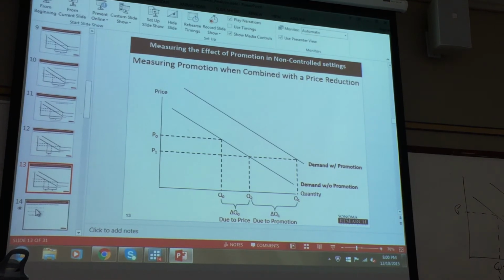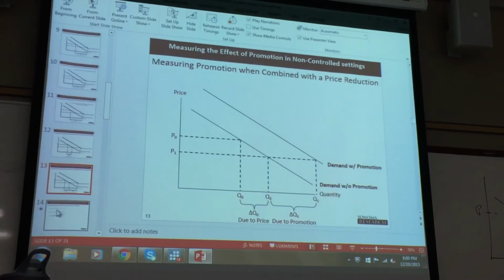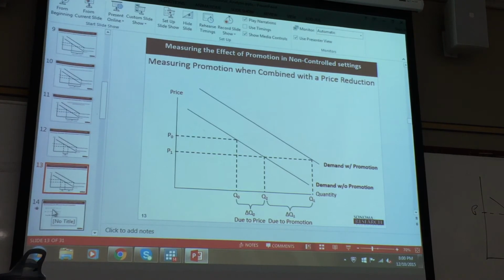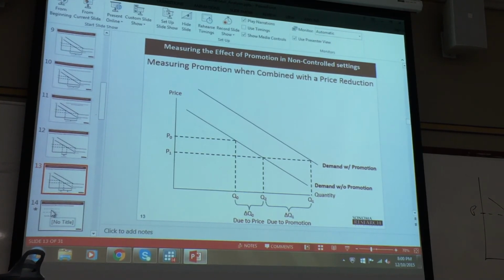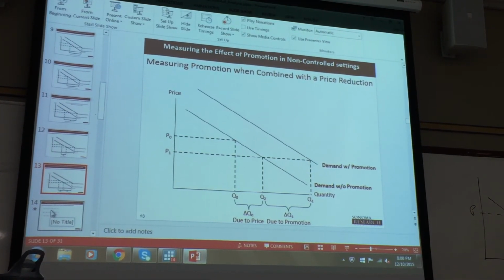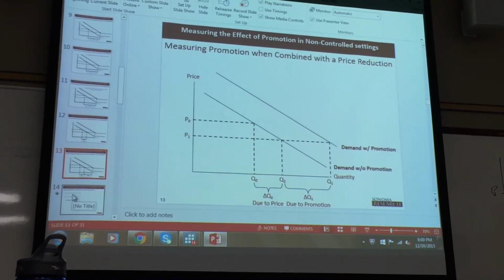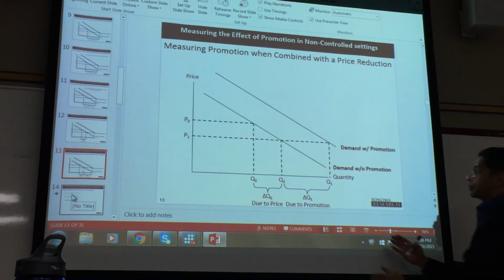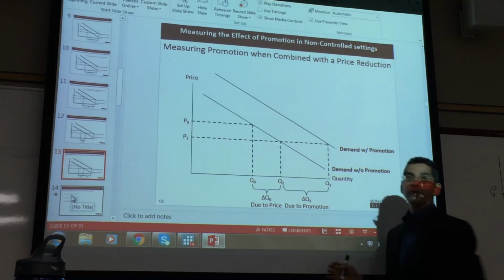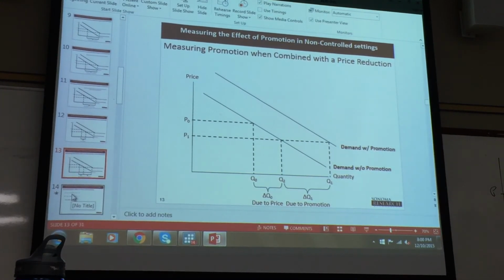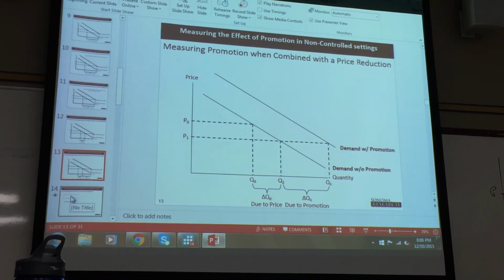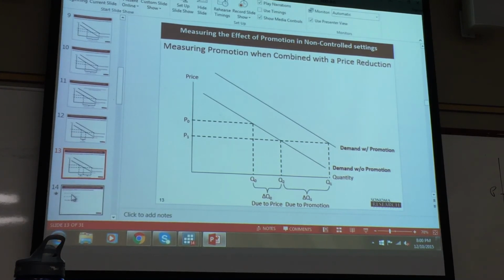We'll be able to at least measure promotion more accurately, and get a true promotional lift, as opposed to that conflated promotional lift that is used by every other firm in the world that hasn't read my paper.